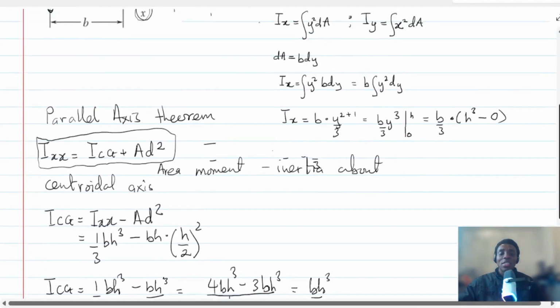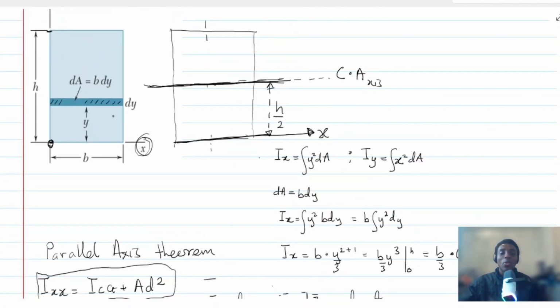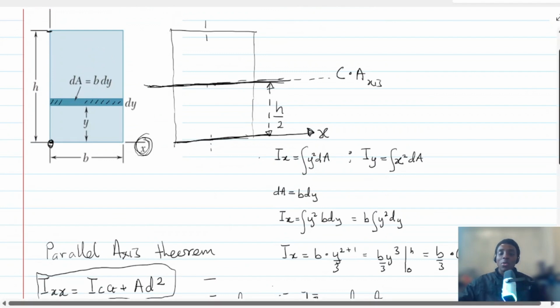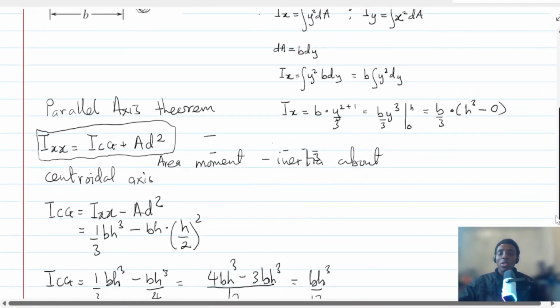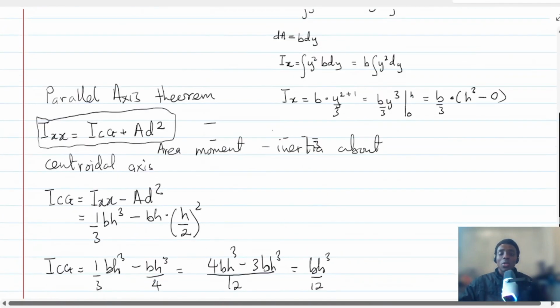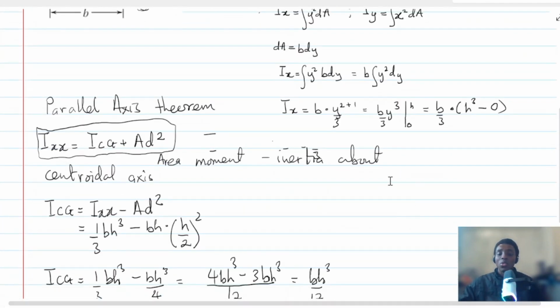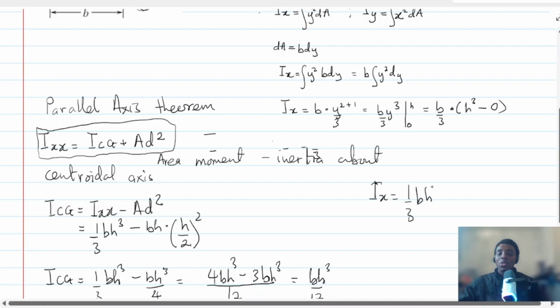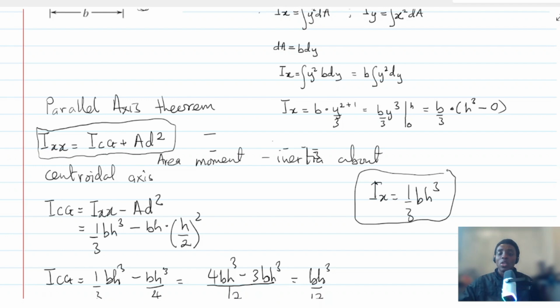So if it's about a certain axis, then that one you are going to use probably maybe the x-axis. So we are going to use the formula that we got, which is 1/3 bh cubed. So we already established that it is 1/3 bh cubed. Okay, so that's what I was trying to say.